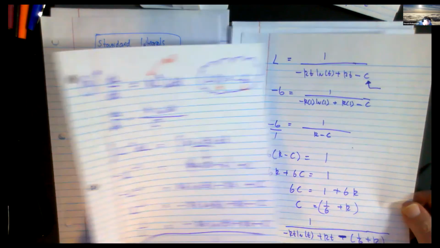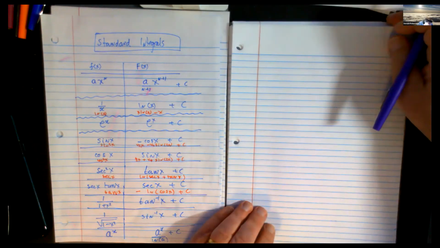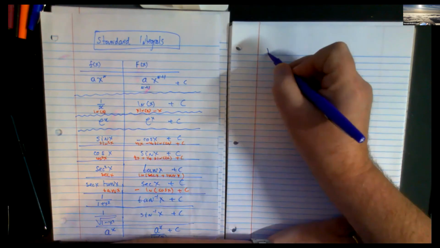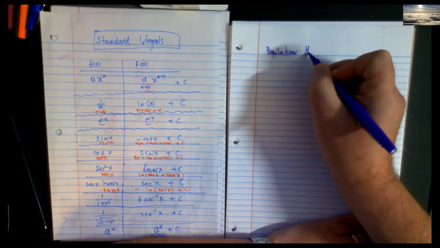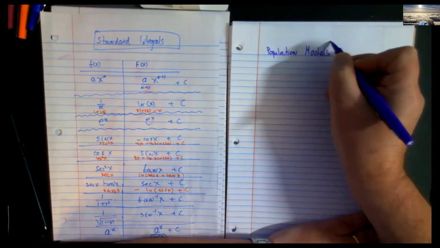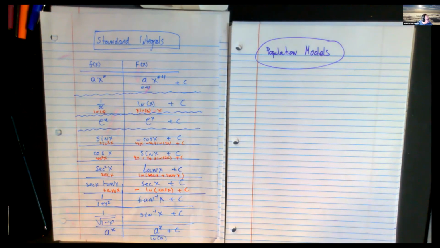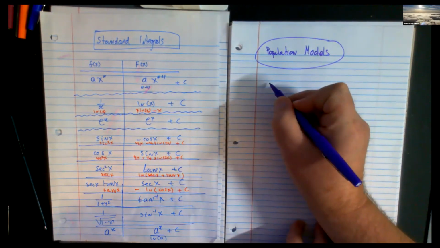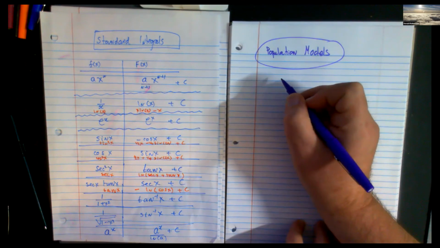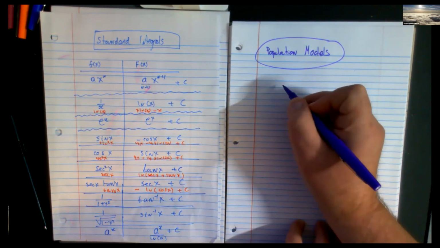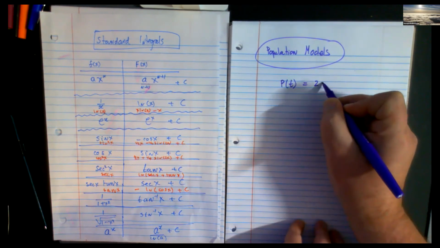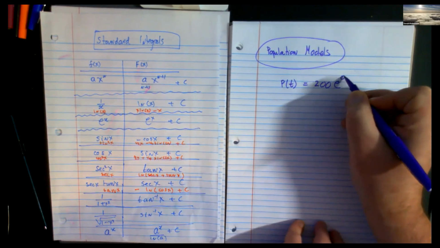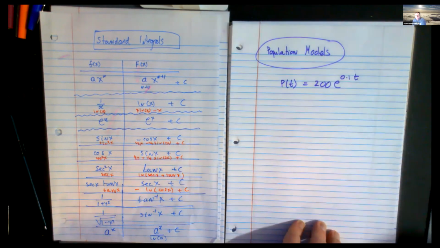Okay, what's left? Here is an application called population models. A way back in Math 141, do you remember getting formulas for population growth models that look like that?